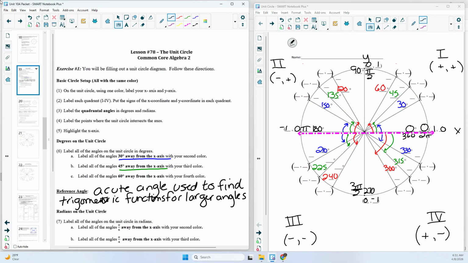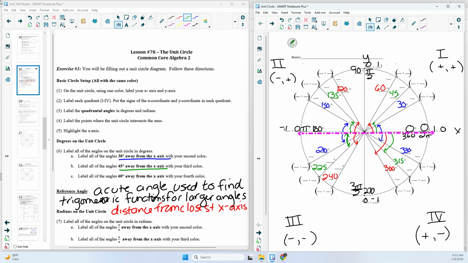And the way we calculate it is the distance from the closest x-axis. So if I'm talking about, for example, 120 degrees, its reference angle is 60 because it's 60 degrees away from the x-axis, 60 degrees away from 180. If I'm talking about 225, its reference angle is 45 because it's 45 degrees away. So these little lines in here, arrows, measure out reference angles.